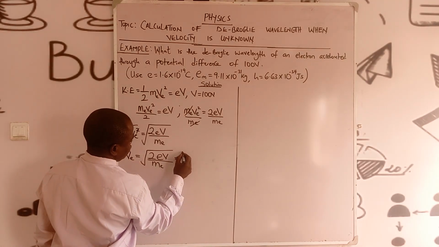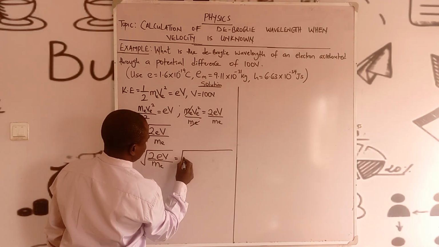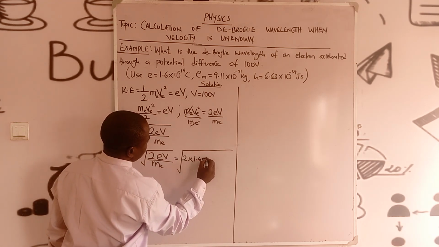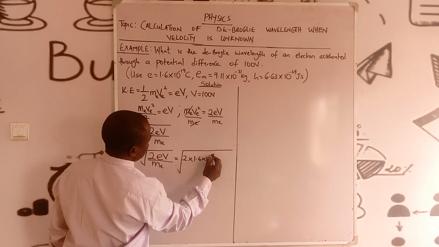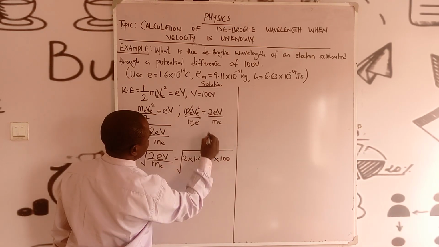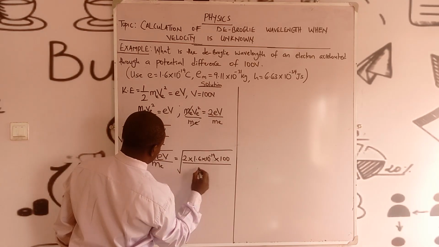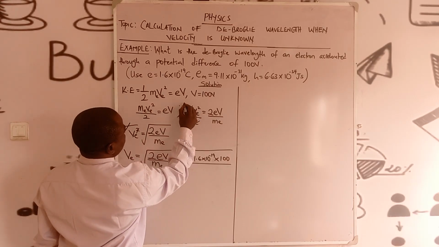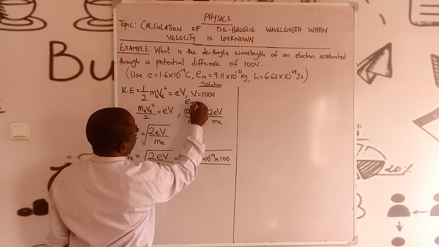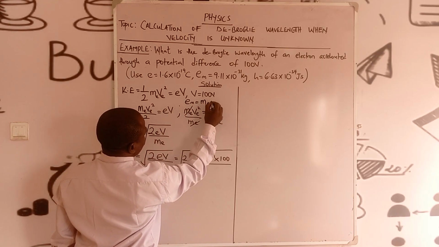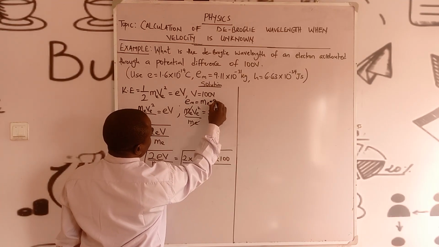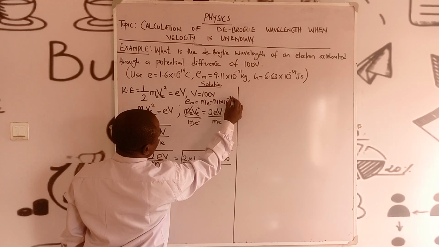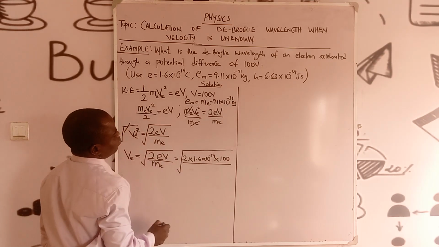Now we have the square root of 2 times the electron charge, 1.6 times 10 to the power minus 19, times 100, our V is 100, divided by the mass of the electron. The mass of the electron is taken as 9.11 times 10 to the power minus 31 kilograms.